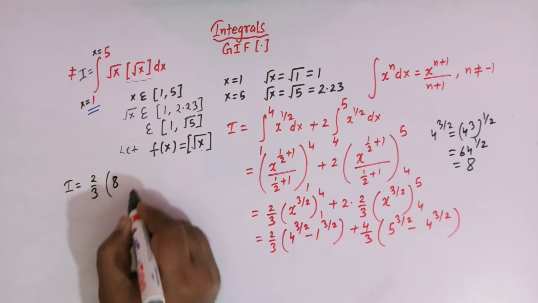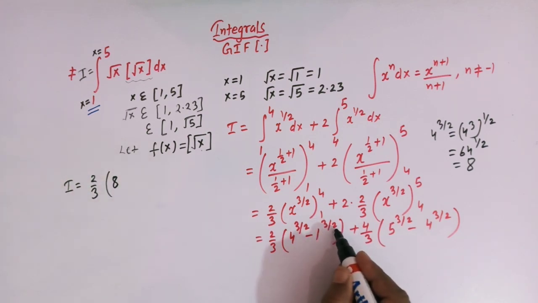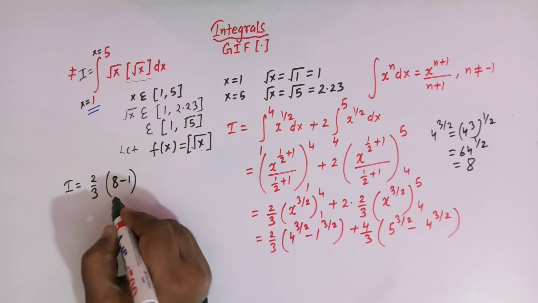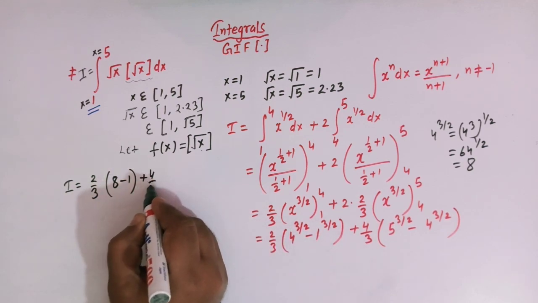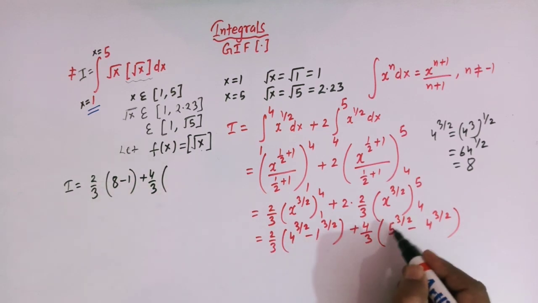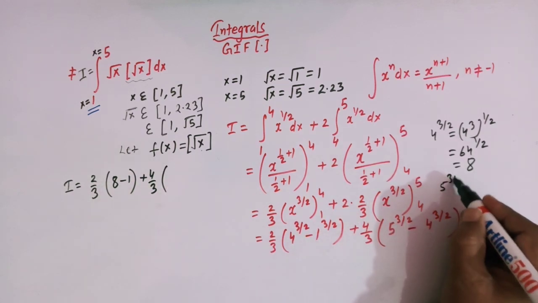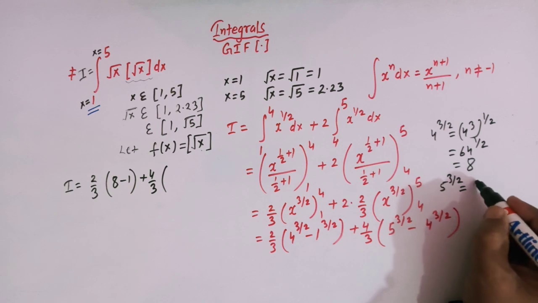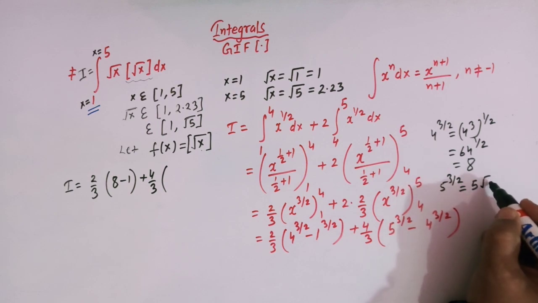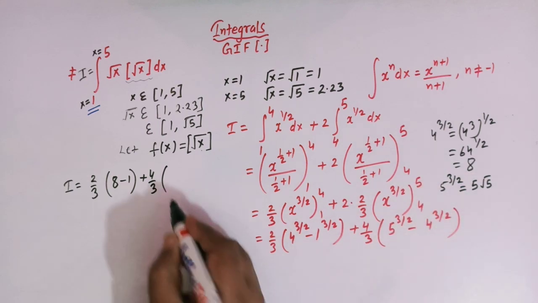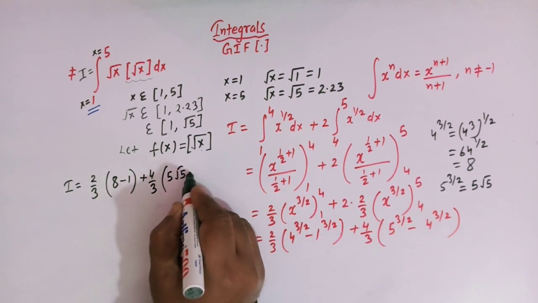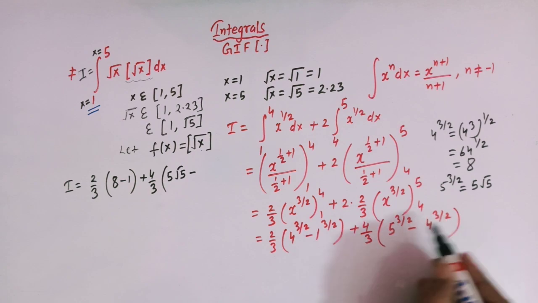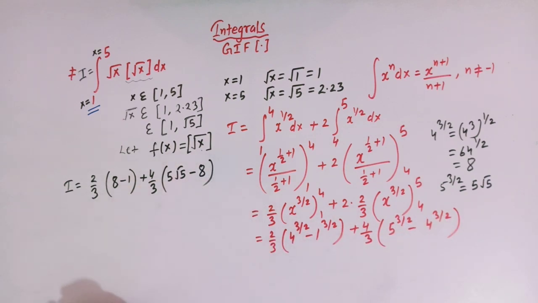So here we have 8 minus 1, since 1 raised to 3 over 2 is 1, and then we have 4 over 3, and 5 raised to 3 over 2 can be written as 5 root 5, and we have here 5 root 5 minus 4 raised to 3 over 2, that is 8, right?